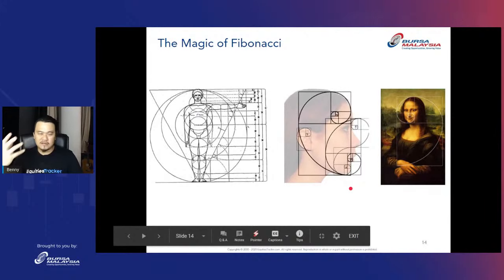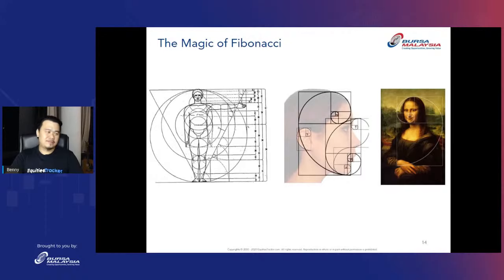But if you dig deeper, they actually tried to construct a face that has real pure Fibonacci ratios, the position and all that. They found out that the person looked like a Mongolian, like Genghis Khan.